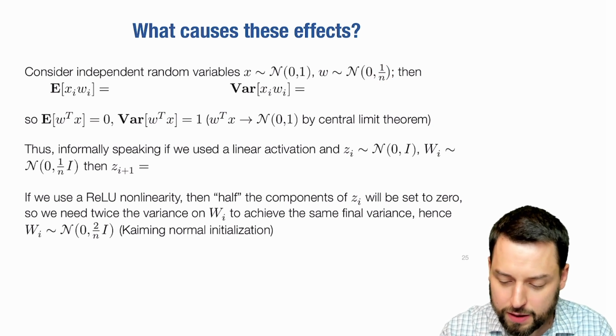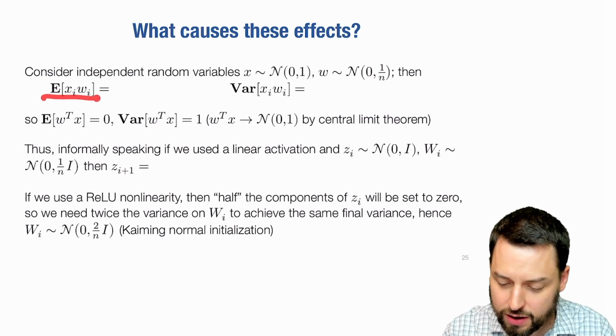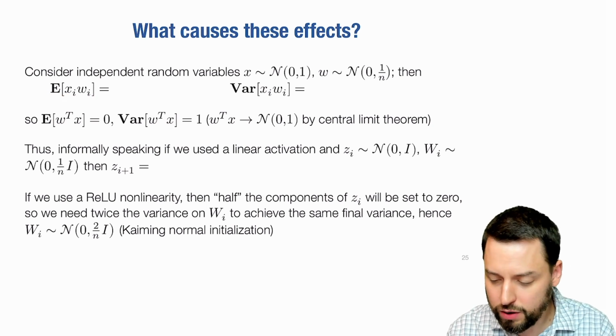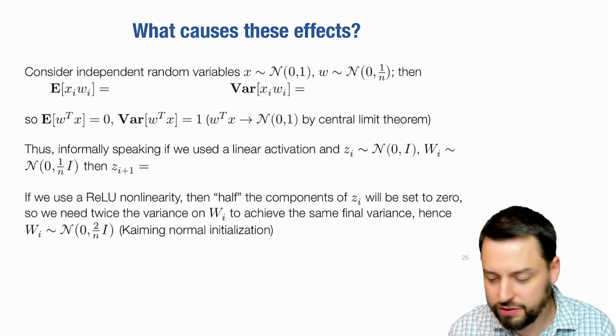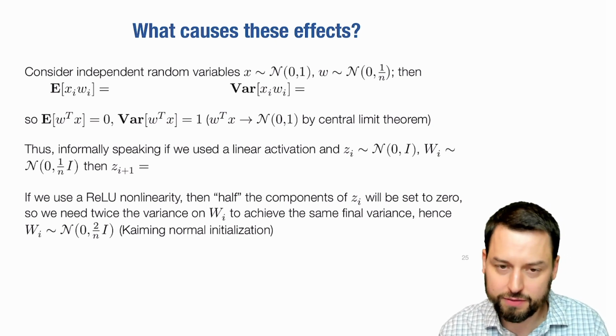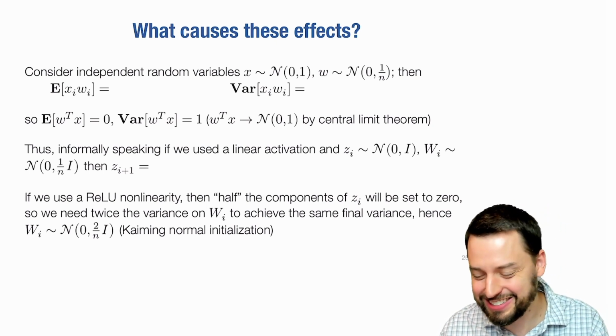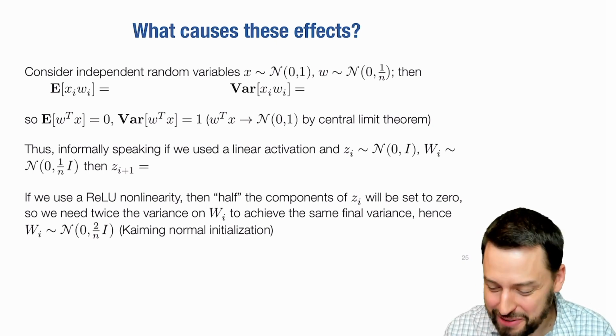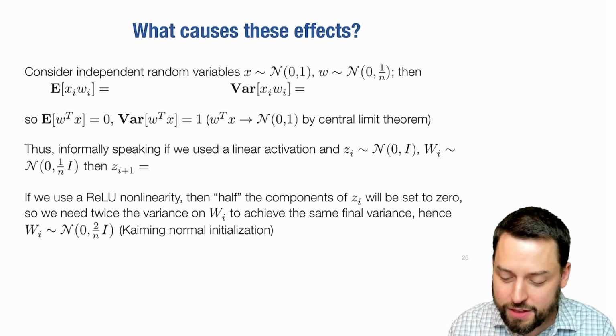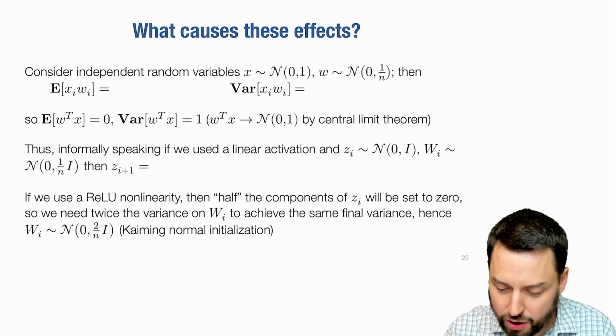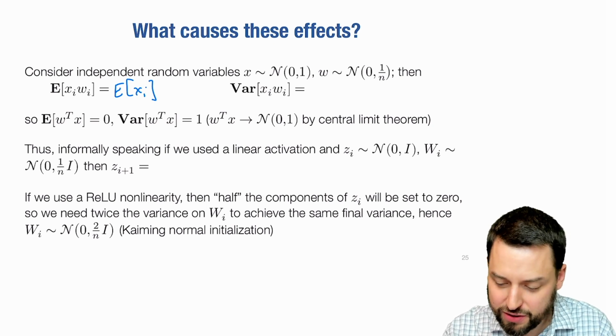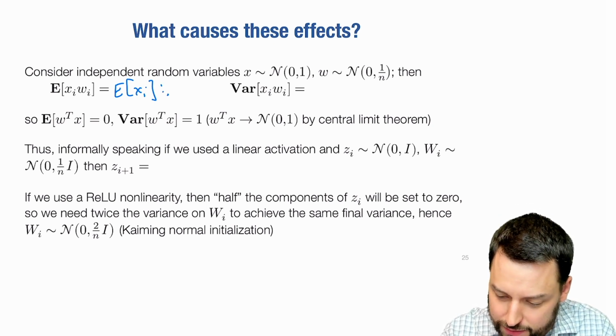If this is the case, then the expectation of the product of these two things, well, they're independent random variables. Obviously, our weights are independent from our examples, assuming this is like a newly initialized network. Because the variables are independent, the expectation of the product is equal to the product of their expectations, E[xi]E[wi], which equals 0.